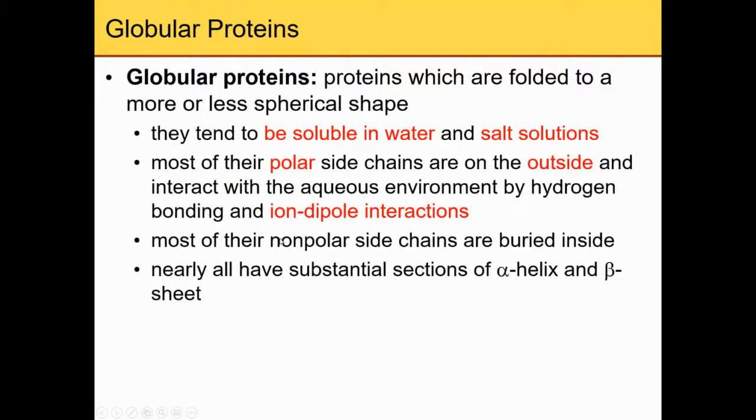And globular proteins are folded into a more or less spherical shape and tend to be soluble in water and soda solution. The polar side chains are on the outside, and the non-polar hydrophobic side chains are buried inside, okay?